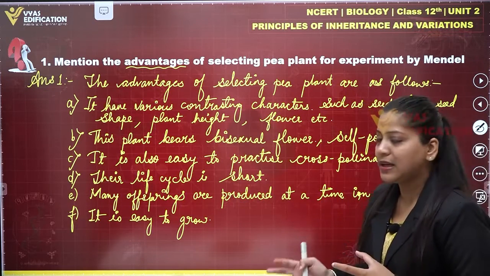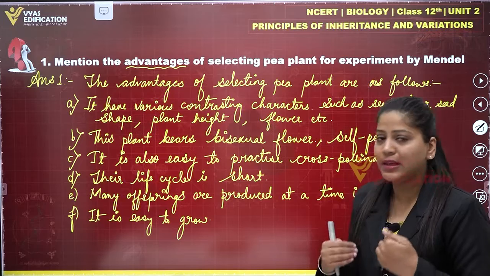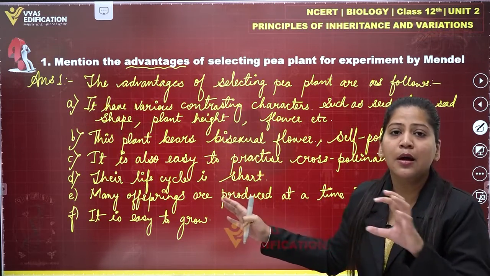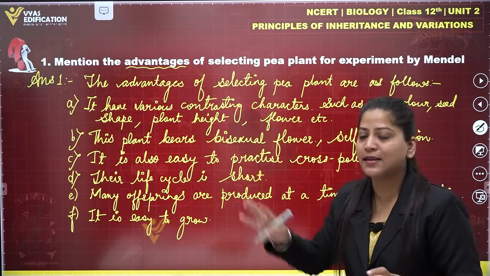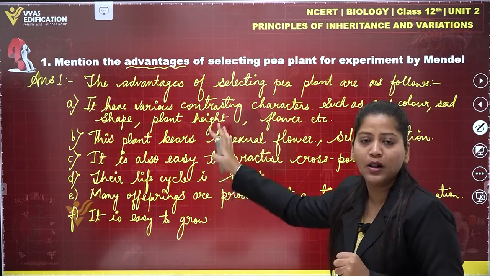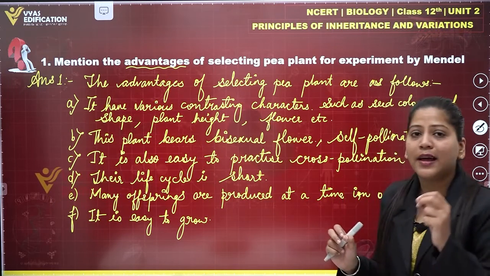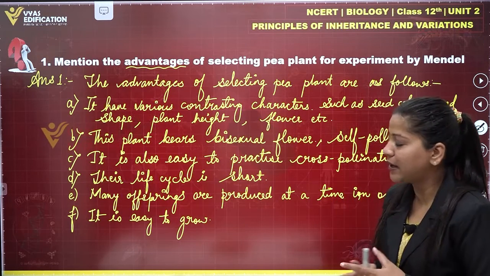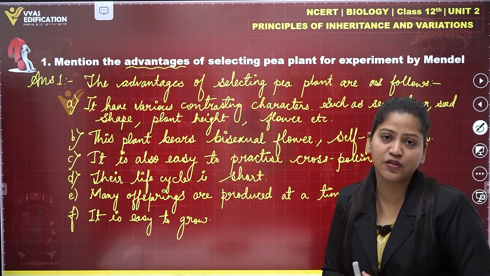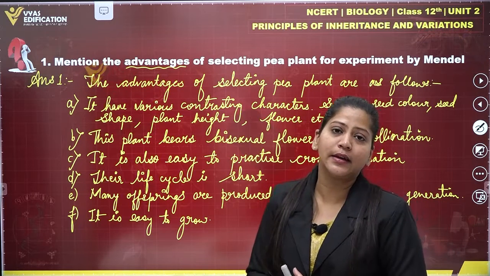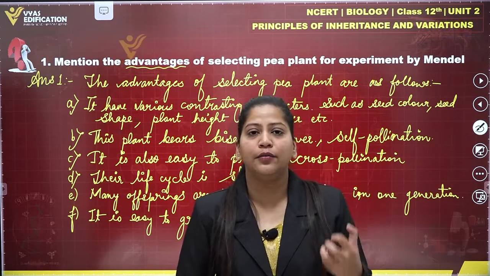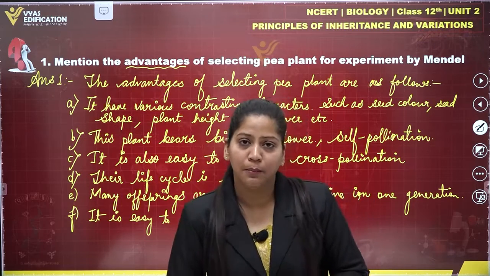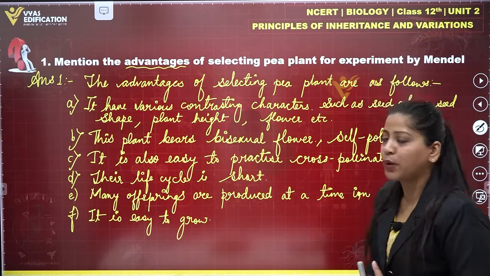These are the things any scientist can think about: if any plant or sample fulfills all these criteria, then the experiment would be comparatively easy. Because of these advantages only, Mendel selected Pisum sativum, or pea plant, for his experiment. So this is the complete solution of question number 1.